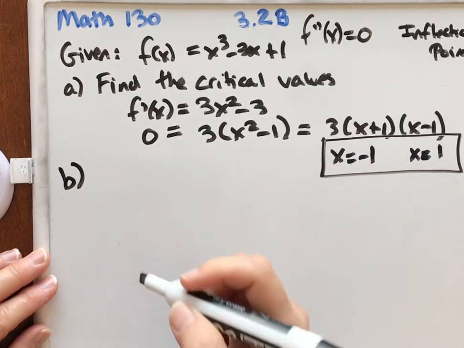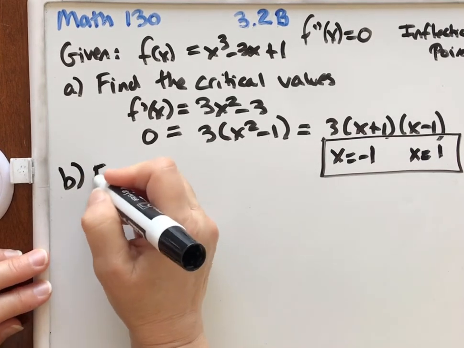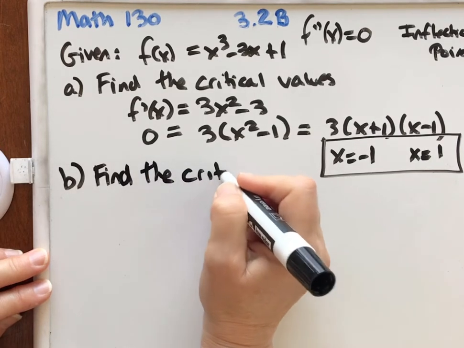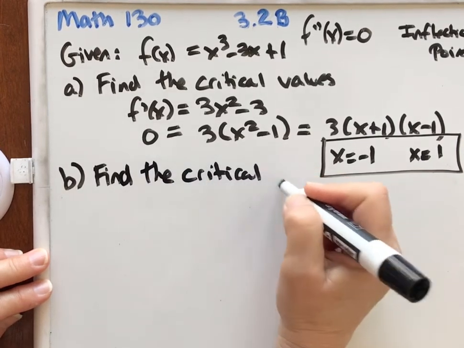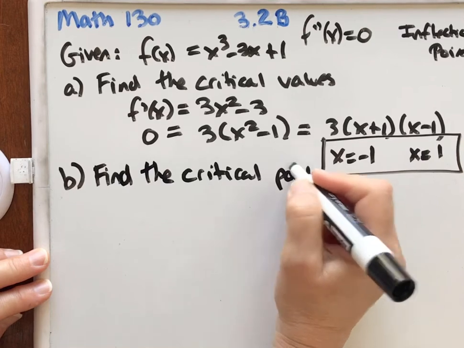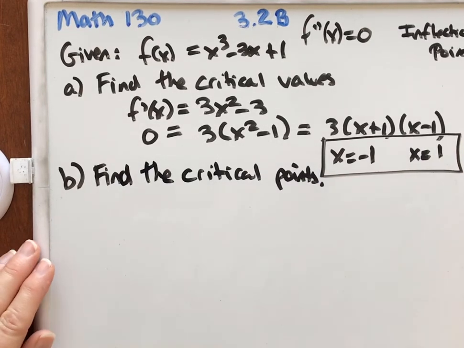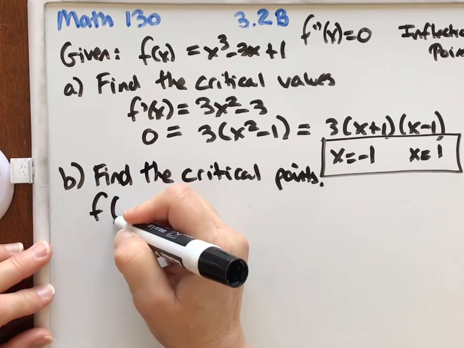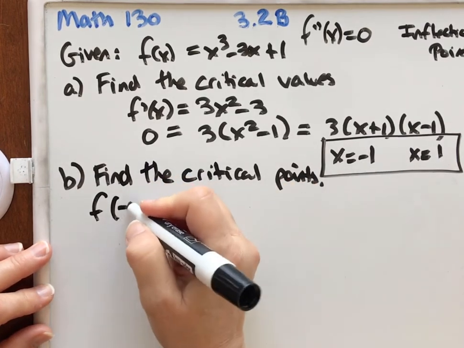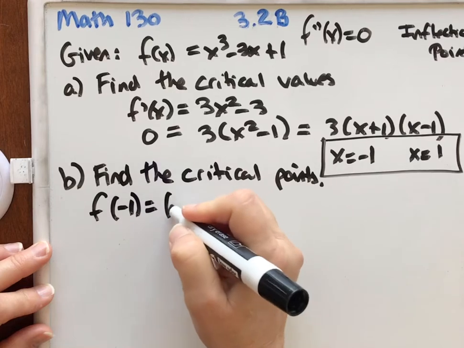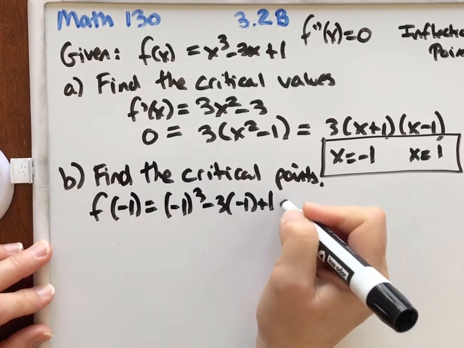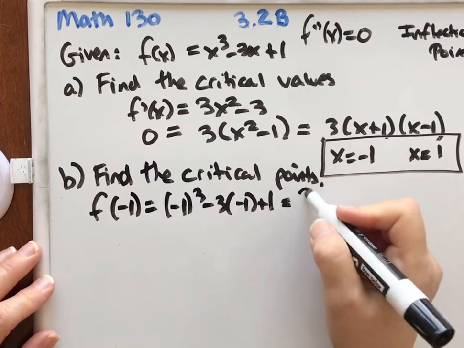Letter B, find the critical points. To find the points, we're going to place our critical values into our original equation. And that equals 3.